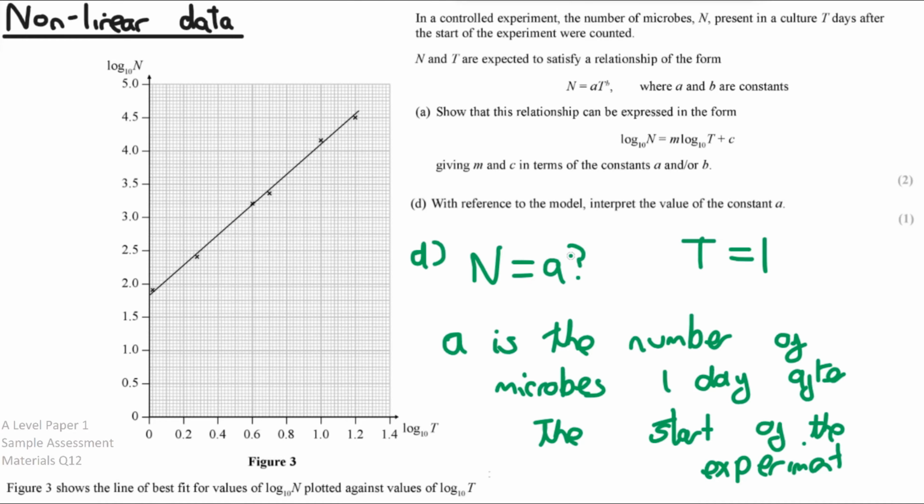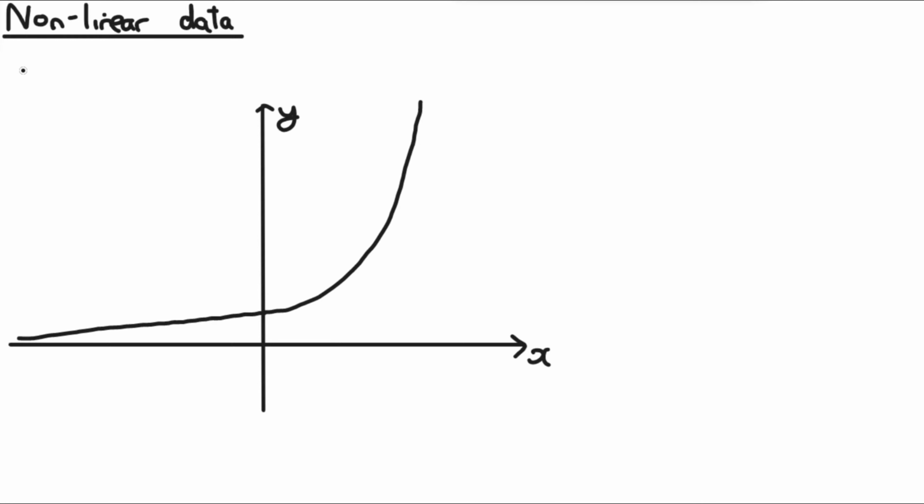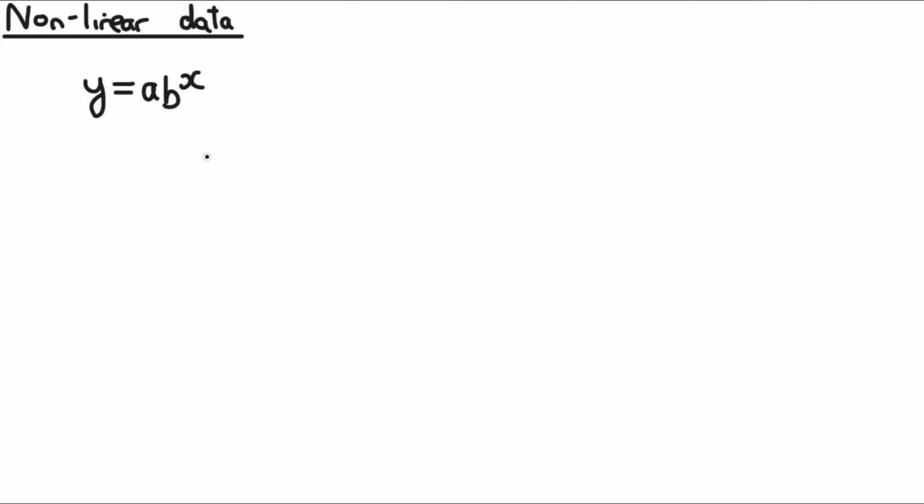The second example you could be asked is, y is equal to ab to the power of x. This is an exponential and it looks something like this, and this is non-linear and we want to make it linear. So we're going to do the same thing as before. We're going to log both sides. So this is going to be log y, and this is going to be equal to log of ab to the power of x.